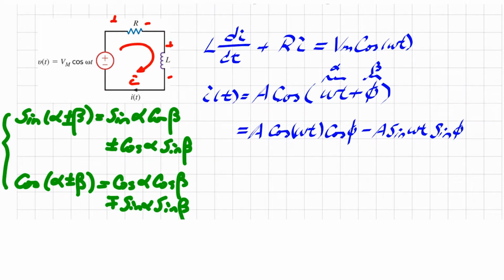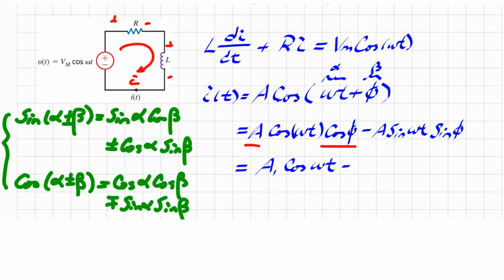Now notice that A we don't really know, we need to figure it out. A times cosine phi is unknown. So since we haven't found it yet, we're going to call this product A1, times cosine omega t.